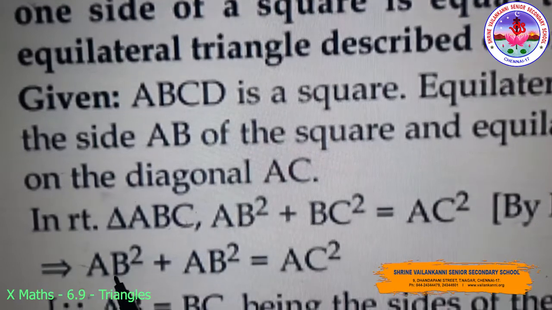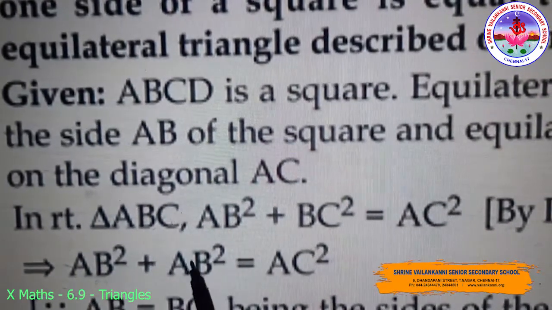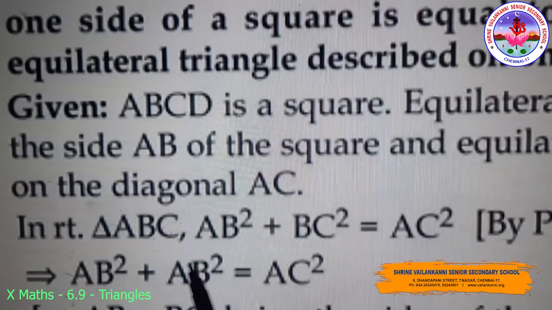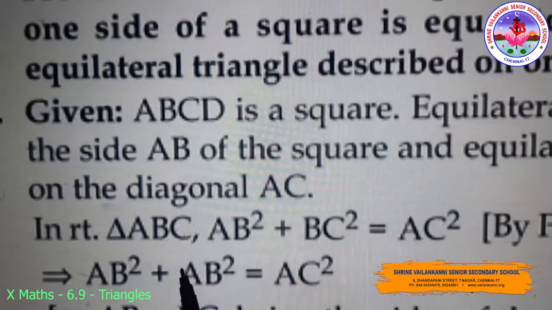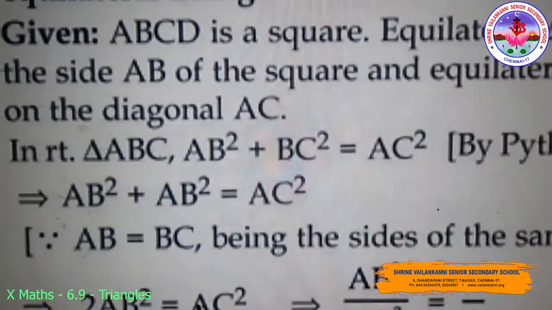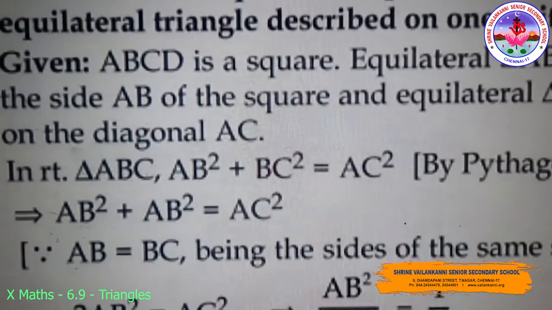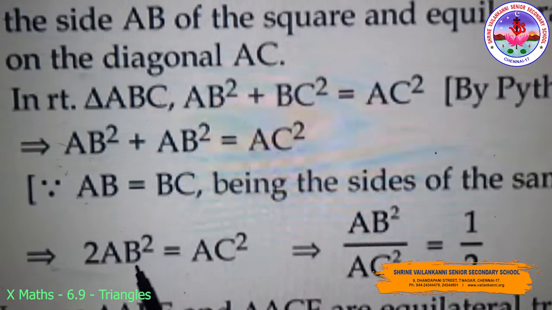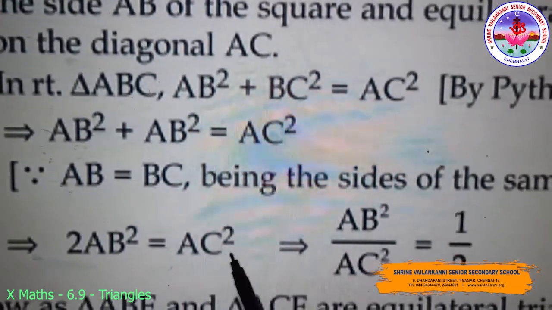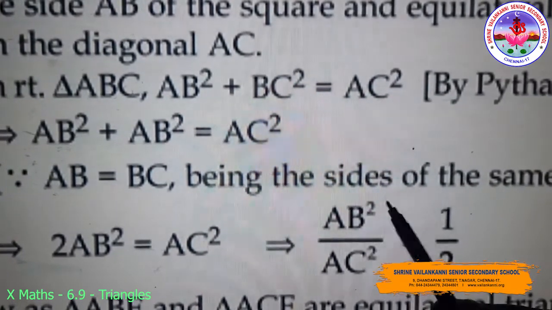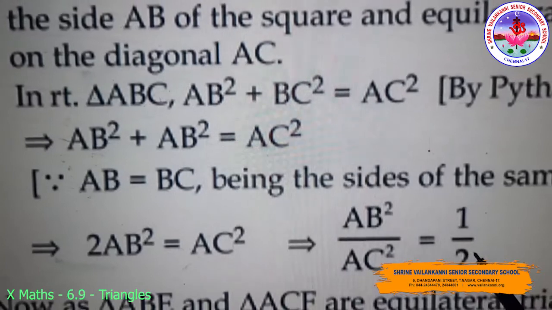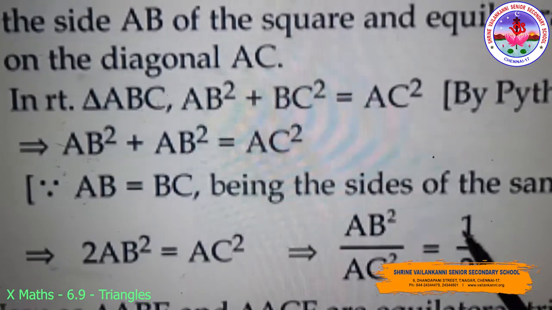So we get AB square plus AB square is equal to AC square. Adding these two, I will get 2 AB square is equal to AC square. So bringing AC square to my left side, and 2 to the right side, I will get the ratio AB square by AC square is equal to half.